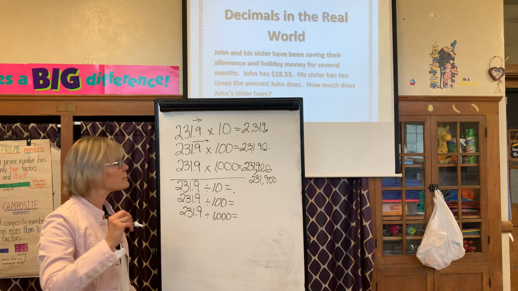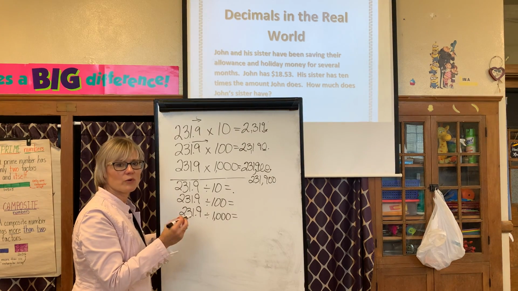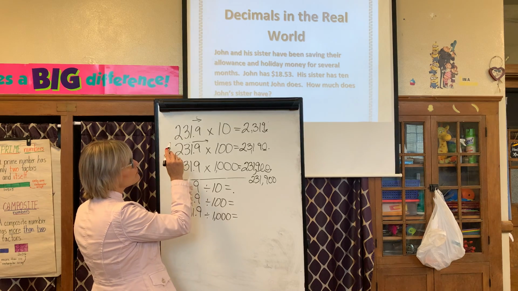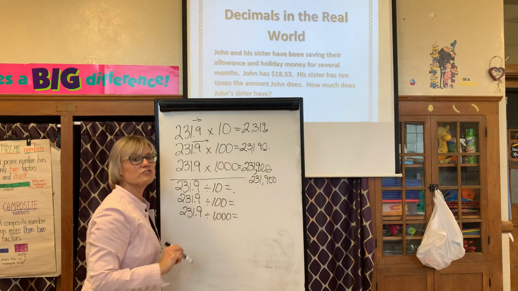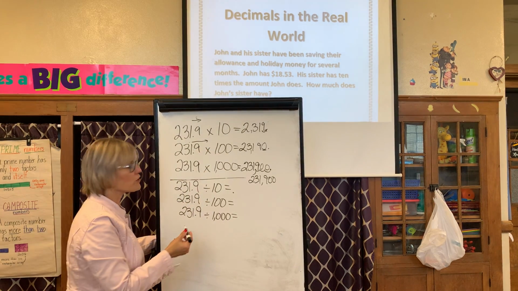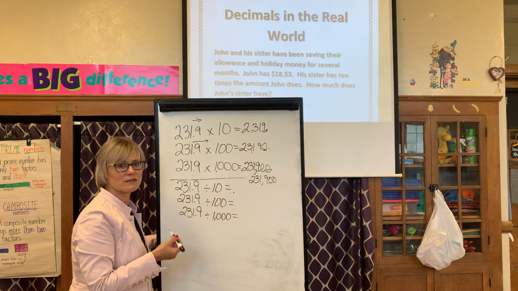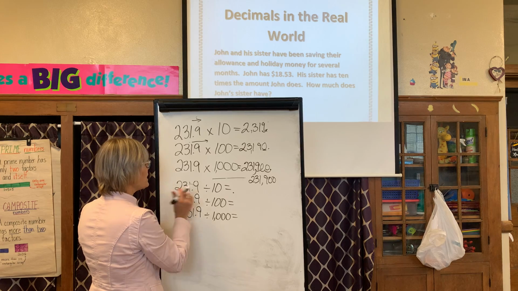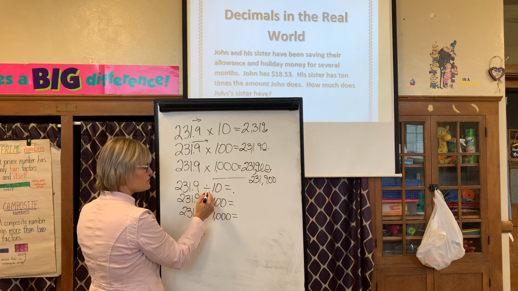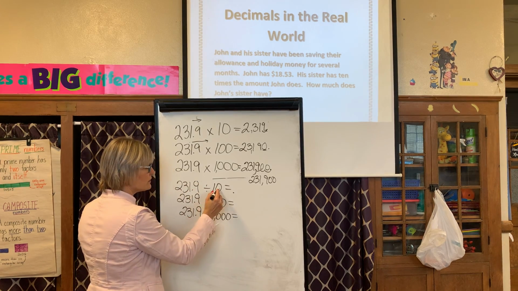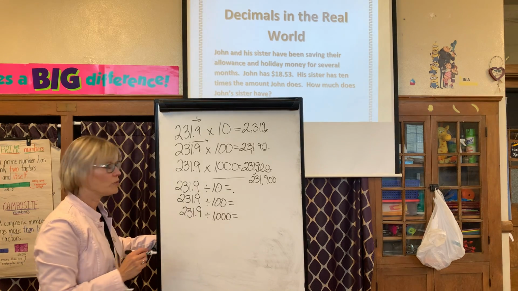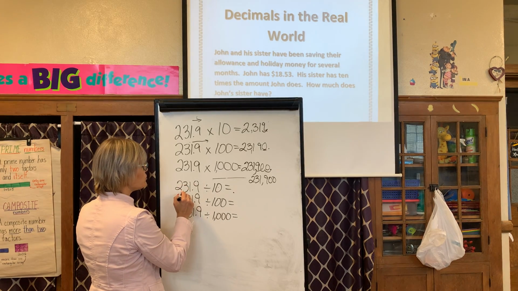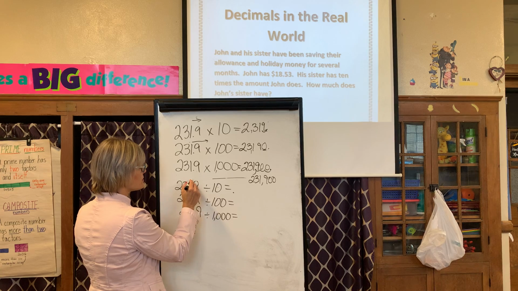So, if we are dividing, that operation tells me that the number is going to get smaller. So, this time, we're going to do the opposite way for the decimal to travel. Before, we went to the right in order to increase the number. This time, we're going to go to the left to make the number smaller. So I'm going to erase this up here, give me some room. And this time, I am dividing. I know the number's getting smaller. There's 1 zero, so it's going to move 1 place. So 231 and 9 tenths.